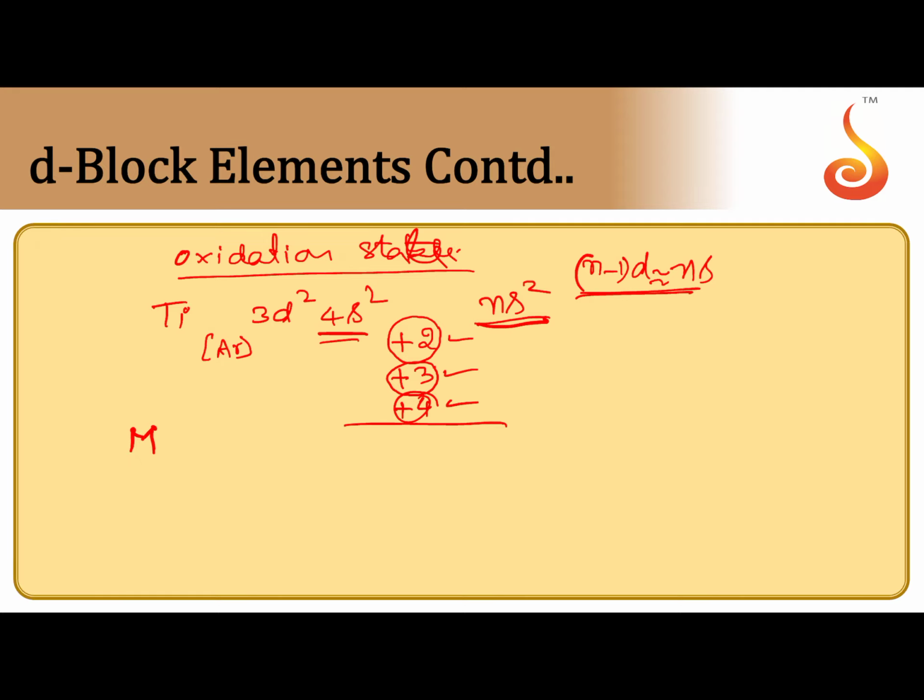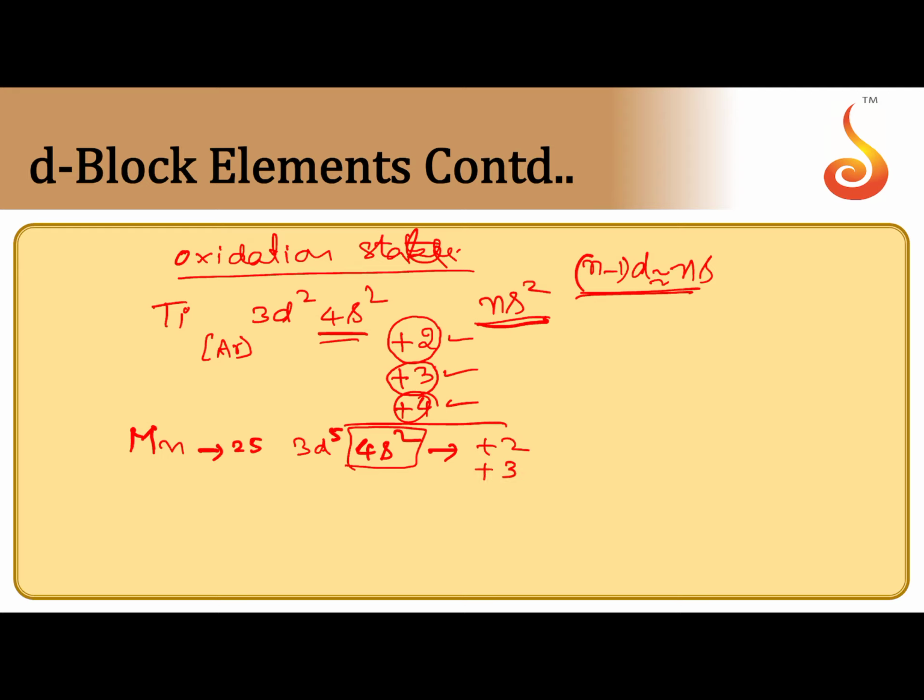If you take manganese, atomic number 25, electronic configuration 3d5 4s2 after argon. First these 2 electrons participate in bond formation, plus 2. Along with the 2 4s electrons, 1 by 1 d electrons may also participate.